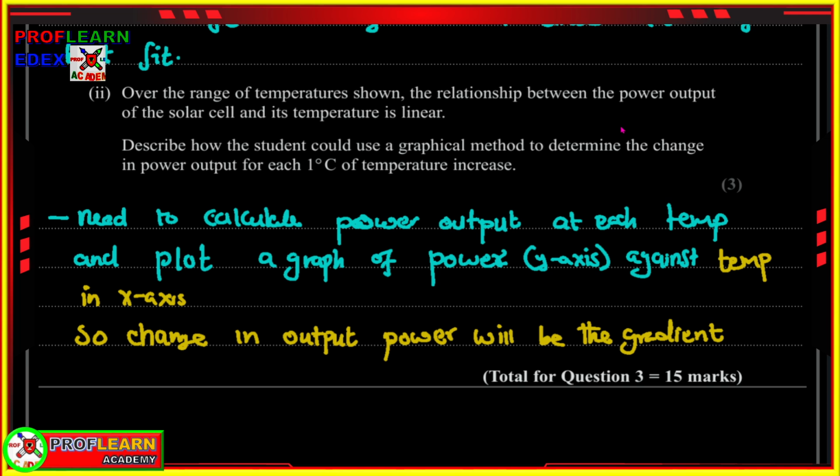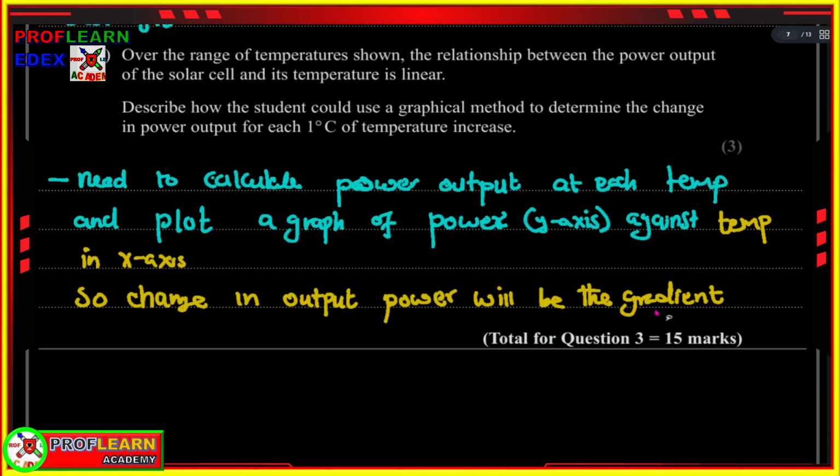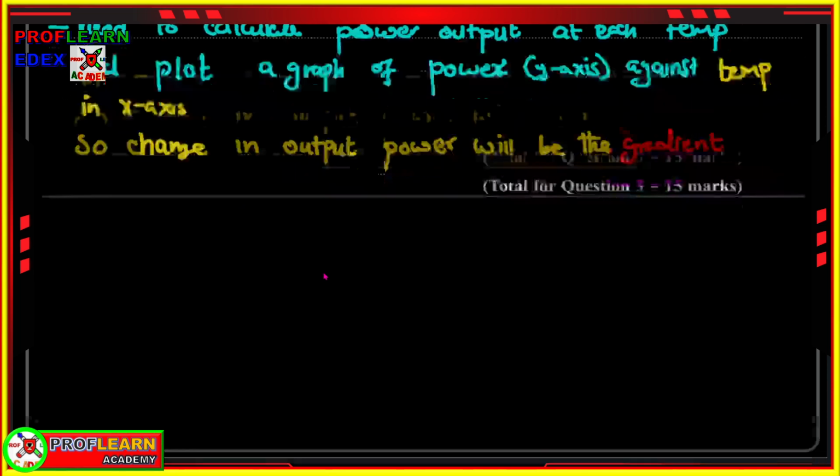Then in order to get the rate of change of power output, you need to work out the gradient. Basically that's what we're supposed to do: work out the gradient, and also remember that you are going to plot a graph in order to get that result.